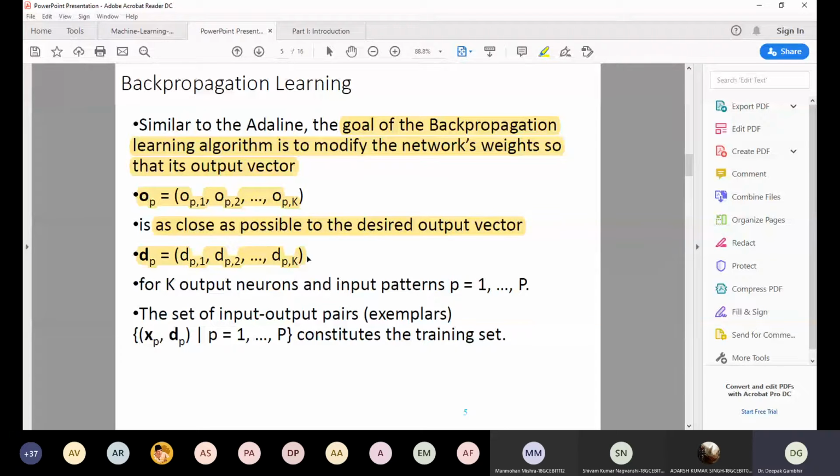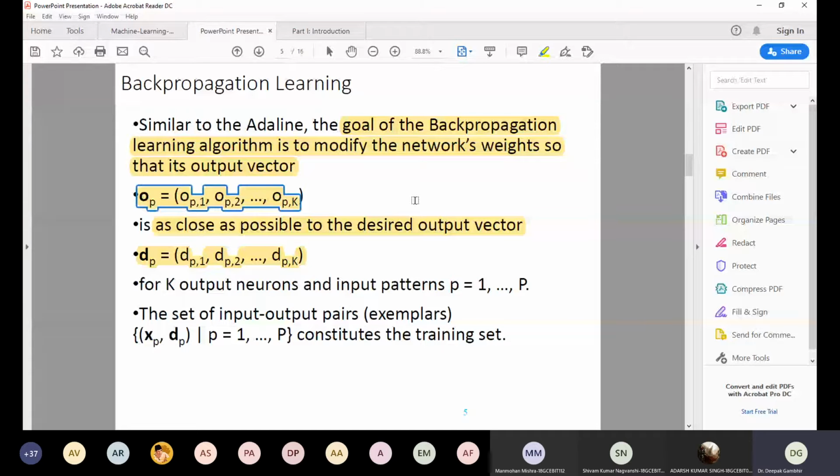It means that you are trying to find the weights of the network in a way in which the target, the desired output vector, and the outputs given by your neural network result in the minimum error, or the output is as close as possible to the desired output. So that is our goal. But in our hand, we can only modify the weights of the neural network.